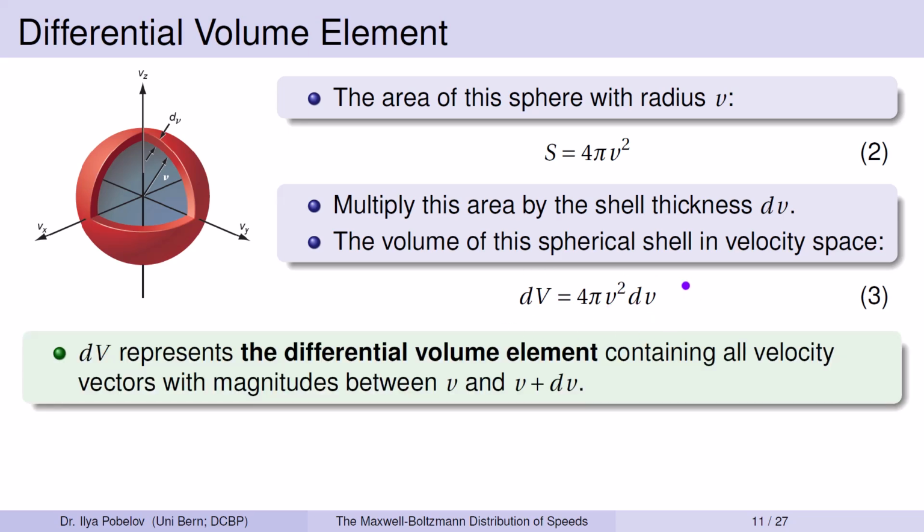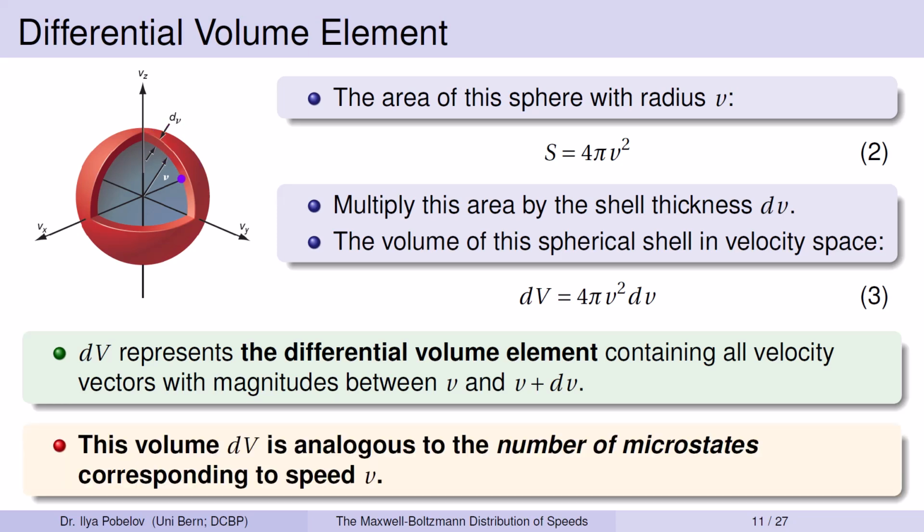This expression represents the differential volume element containing all velocity vectors with magnitudes between v and v plus dv. As we discussed earlier, this volume is analogous to the number of microstates corresponding to speed v.